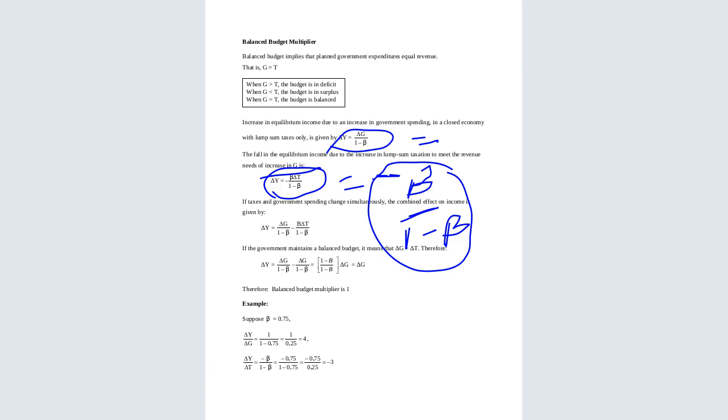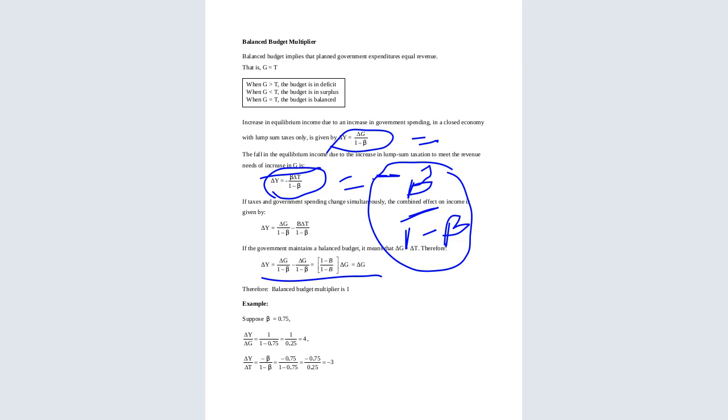Now, if the government maintains a balanced budget, it means that G is equal to T. So that simply means that the government expenditure equals the government income. So in this case, what will happen if we have a balanced budget where taxes are equal to revenues, or expenditure is equal to the revenues?